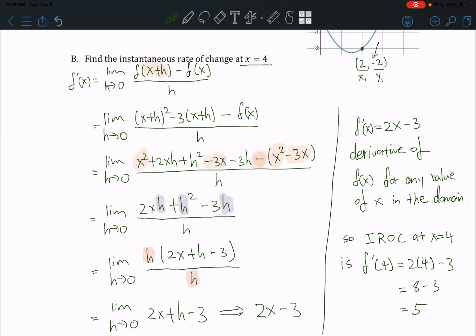Okay, so the instantaneous rate of change at x equals 4 is simply plugging in x equals 4 into your derivative function that we just obtained, and the answer is 5.